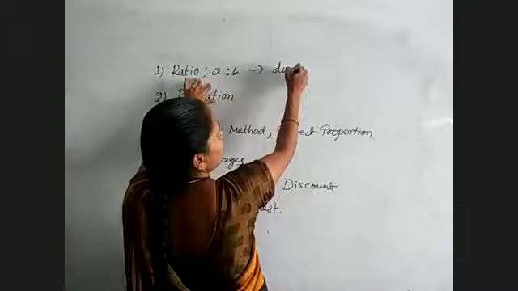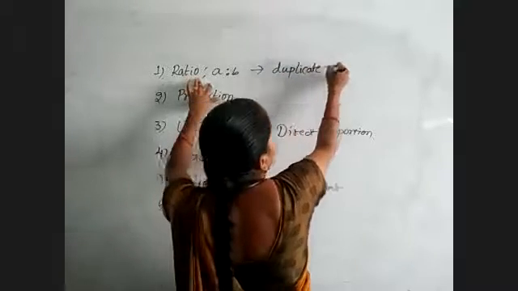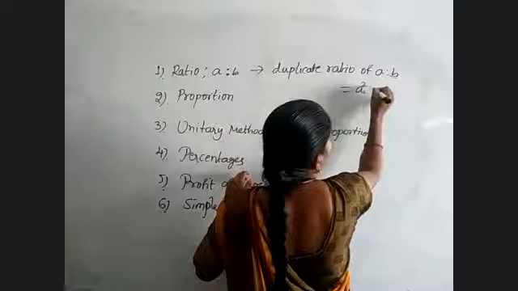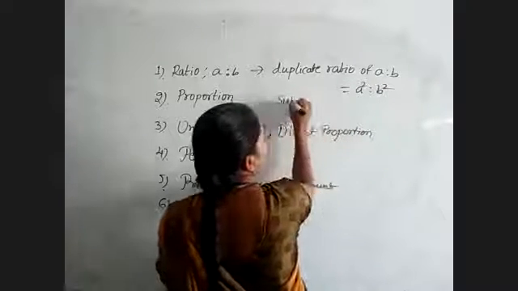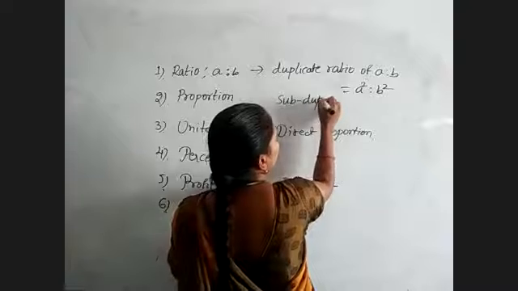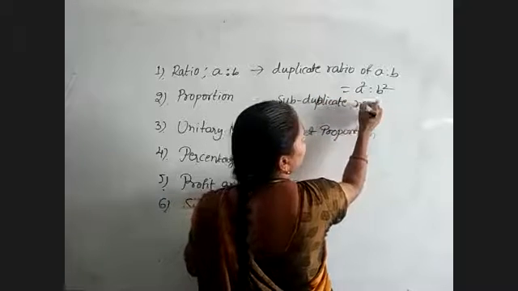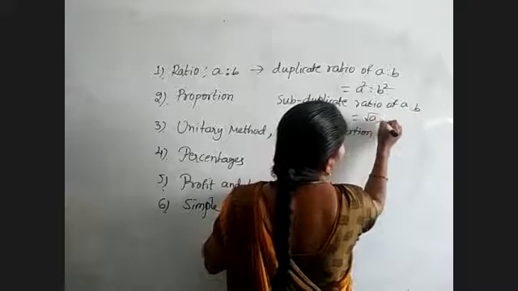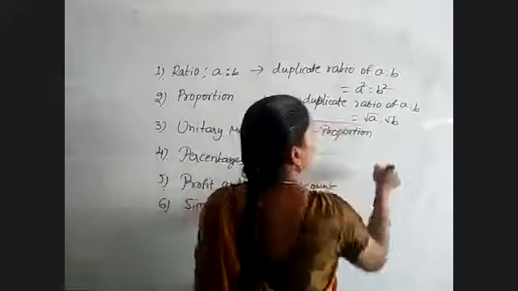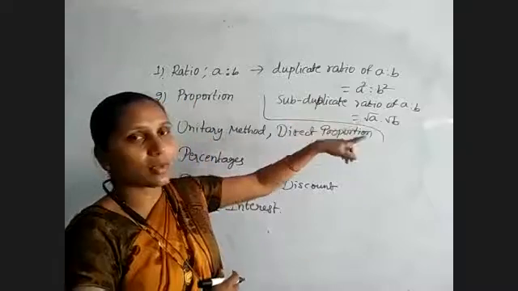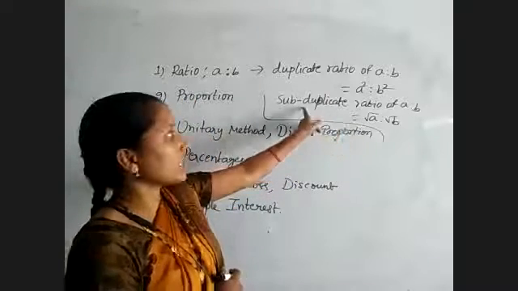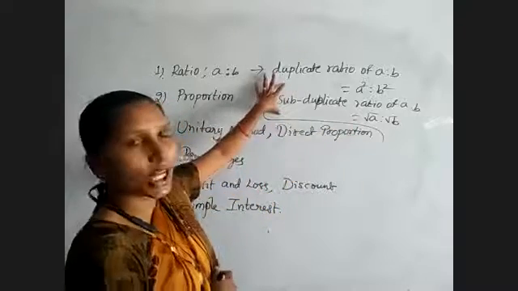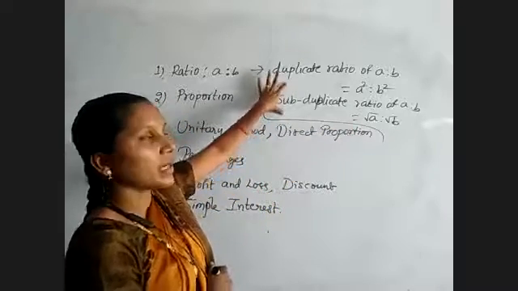The duplicate ratio of A is to B is given by A square is to B square, and the subduplicate ratio of A is to B is given by root A is to root B. And we also have triplicate ratios, that is A cube is to B cube is the triplicate ratio of A is to B, and the subtriplicate ratio is cube root A is to cube root B. Depending on these, we will also see some examples. This is some extra topic.